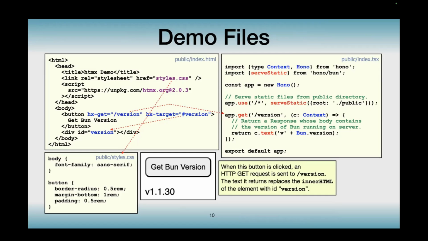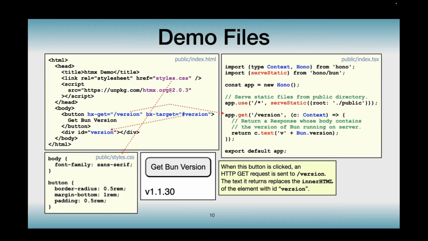And then when I get that request to slash version, that's going to return just text that has the lowercase letter v concatenated to the version of Bun that I'm actually running on the server. And so you see in the little screenshot in the middle bottom there that the version I was running when I tested this was 1.1.30.